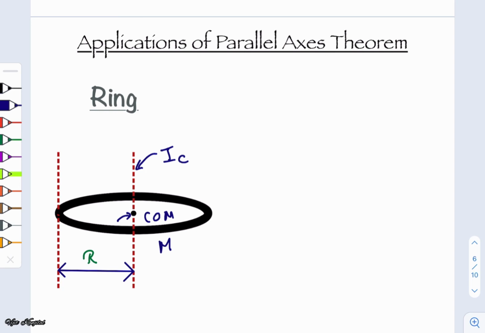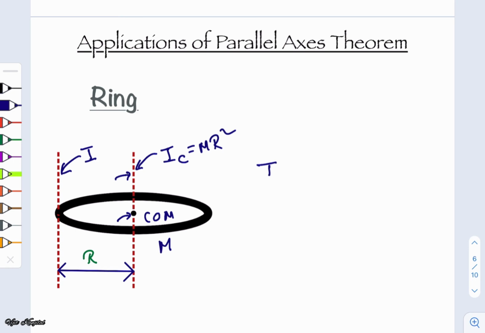So we already know IC. So IC is simply mr square. Now we wish to calculate the moment of inertia of this ring with respect to this particular axis, which is parallel to this axis. Let us assume that the moment of inertia with respect to this axis is I.